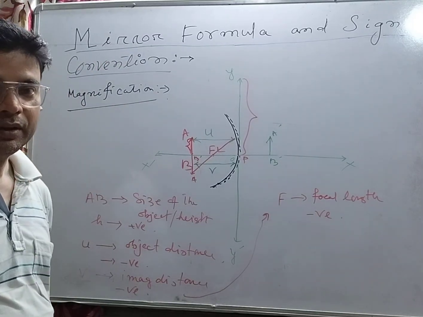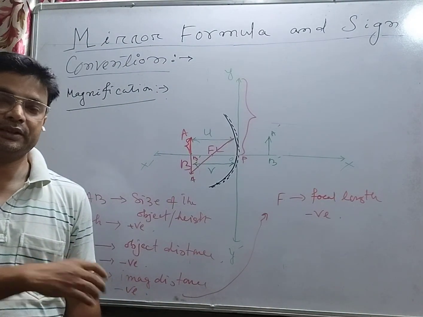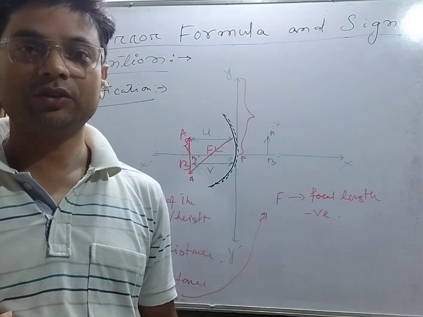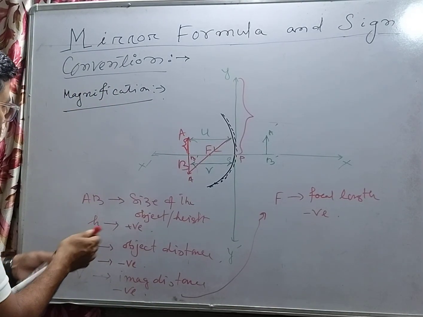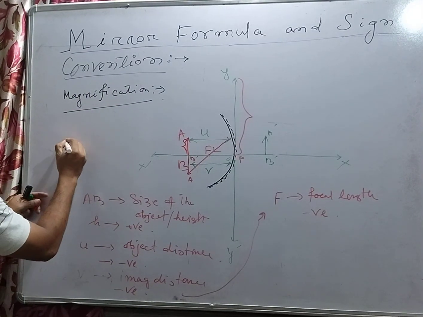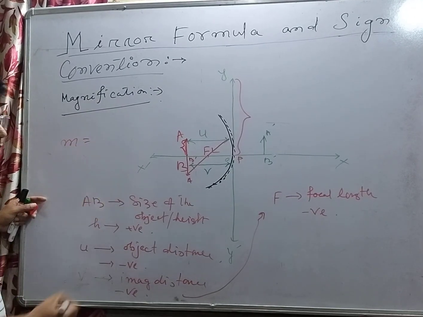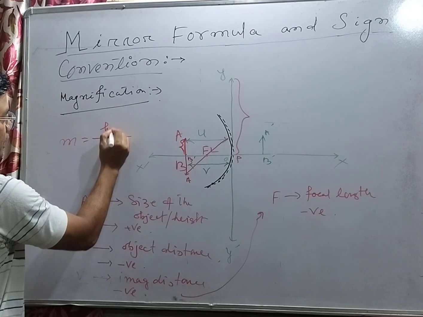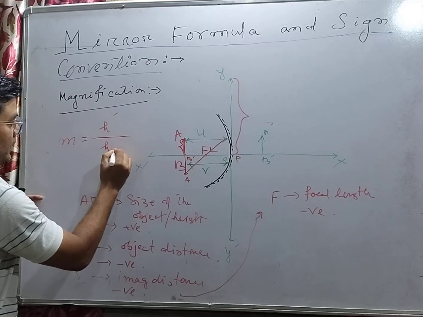Magnification is just a ratio of the size of the image to the size of the object. Magnification is denoted by the small letter m. m is equal to h dash by h, where size of the image is h dash and size of the object is h.